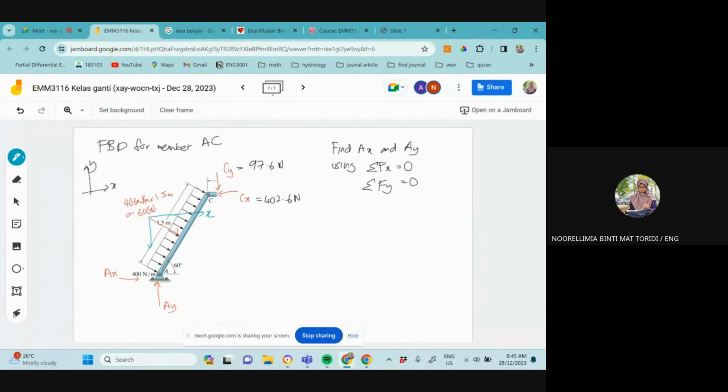Any ideas how we can use this? We have clue here, which is 60. How we can use this 60 angle to find the angle either here or here? Macam nak buat tu?